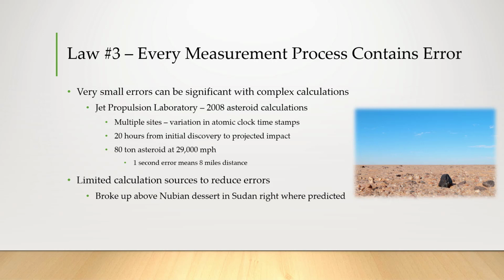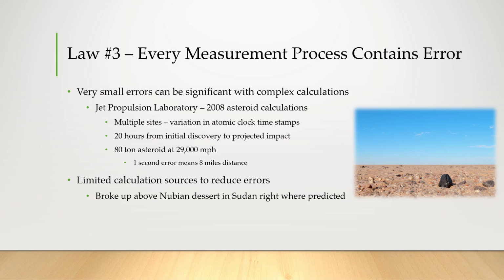The example here talks about the 2008 asteroid calculations. There was a gentleman that was looking up in the sky and found a celestial body, called it into the appropriate people, and within 20 hours of this discovery, it was projected that this asteroid was going to impact the Earth.